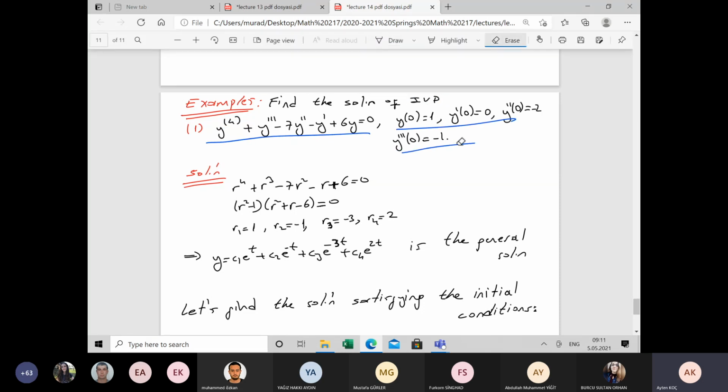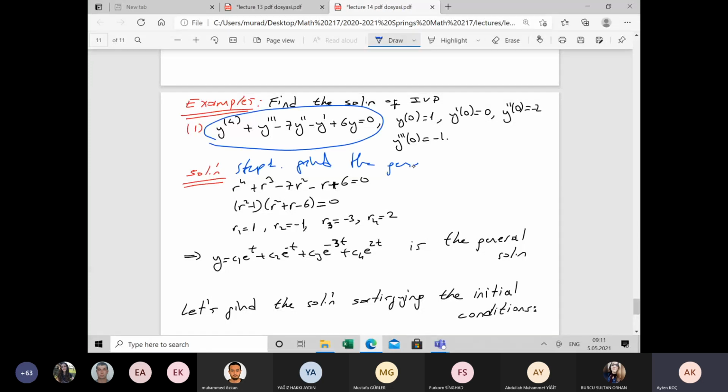Step 1: find the general solution of the differential equation. How to solve?